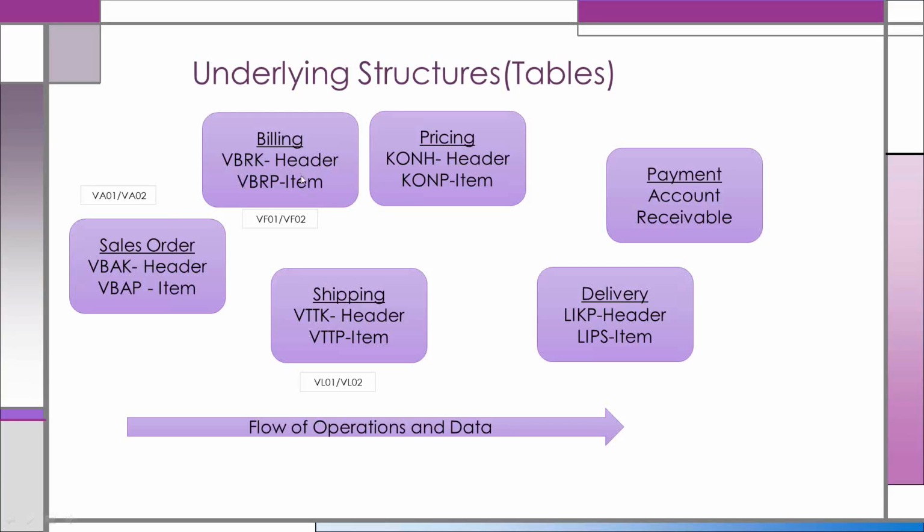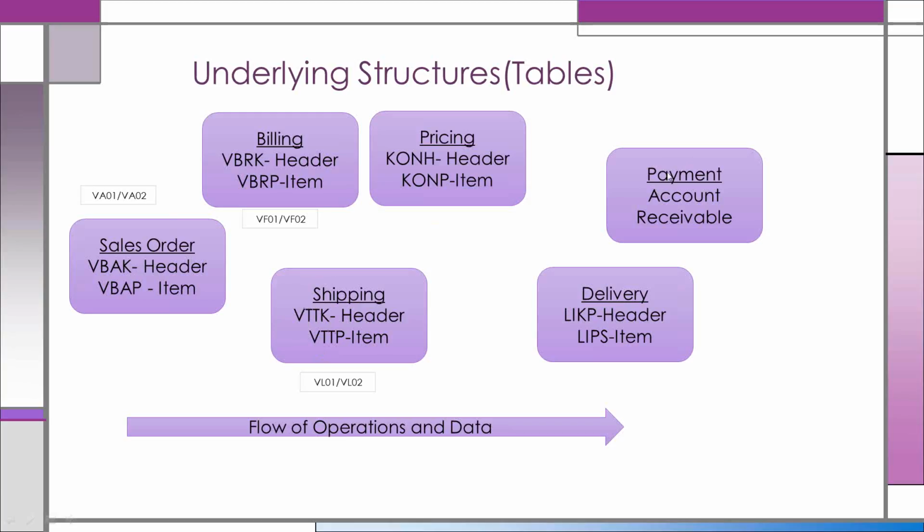You should know the difference between a header and an item. Sales order is stored in VBAK, VBAP. Again, billing is stored in VBRK, VBRP, and pricing is stored in KONH as a header and KONP as an item.